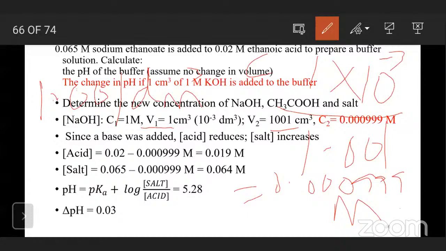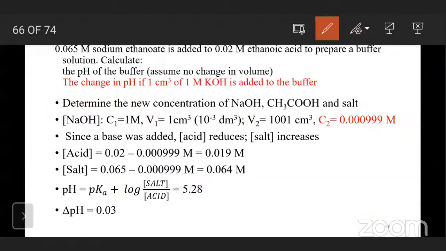That will be the new concentration you are working with. And that will be the new concentration of the base you have introduced into that medium. Okay? Now, you know the new concentration of the base you have introduced into that medium.